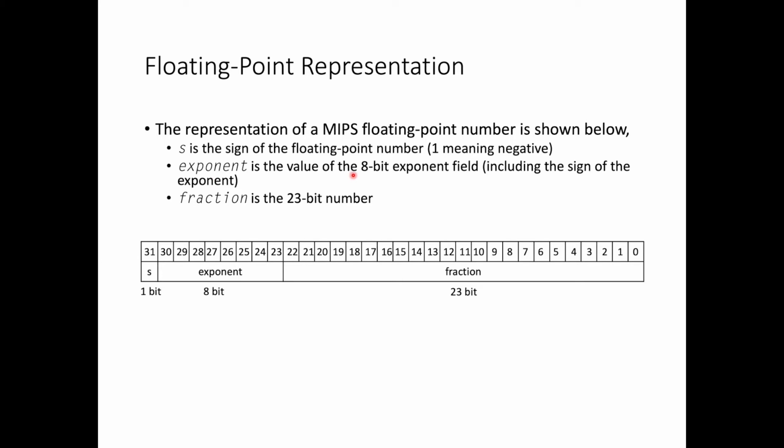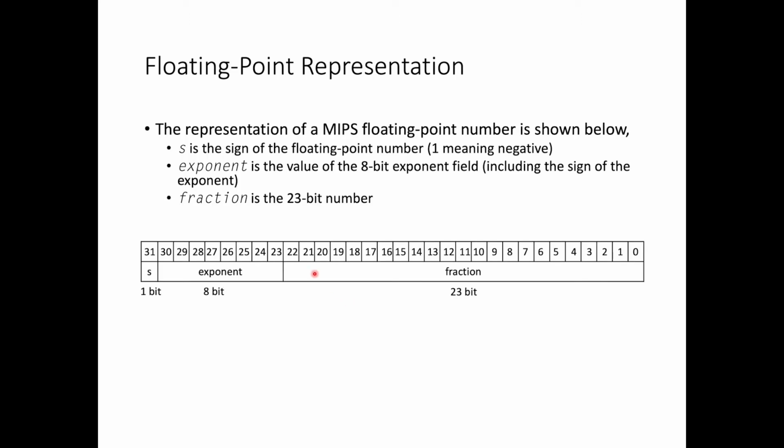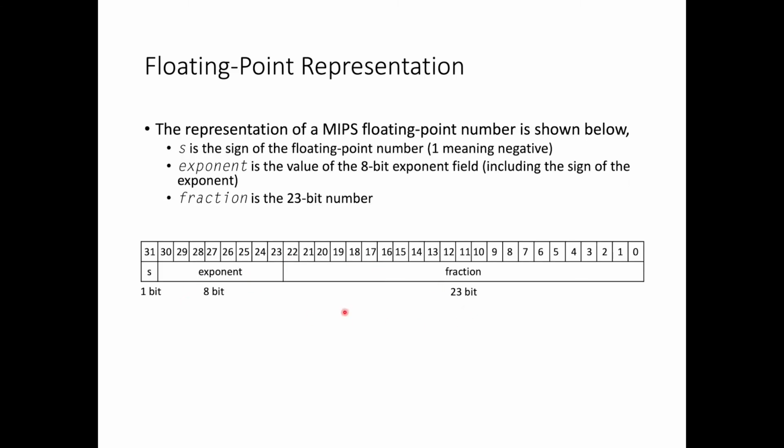Exponent is the value of the 8-bit exponent field. So exponent is yy here. And fraction is 23 bits long. Fraction is xxx here. So that is the format of a MIPS floating point number.